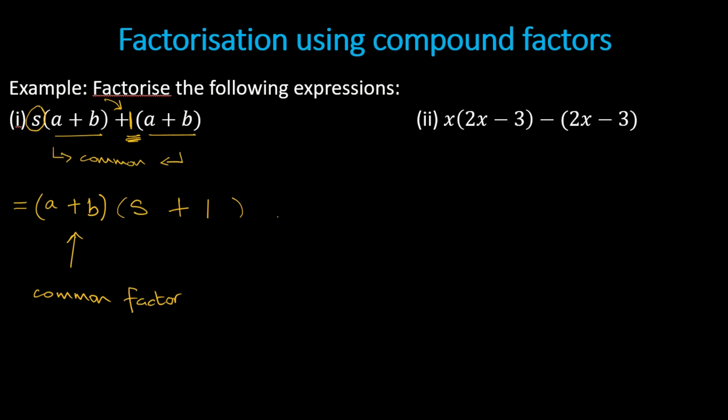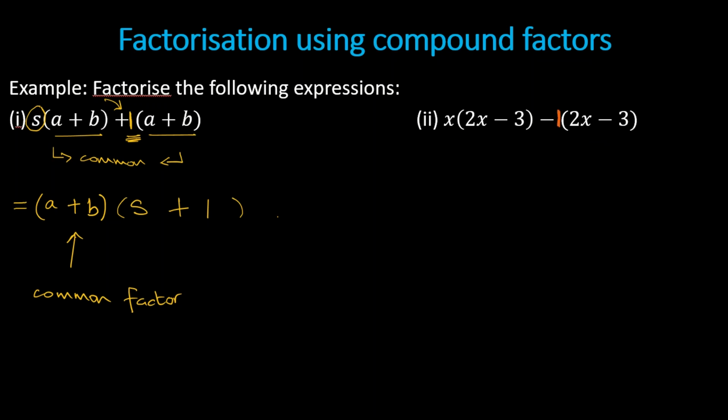Let us see the second part. We have x times 2x minus 3 minus 2x minus 3. Again, we don't have anything before the second bracket here, so we have to write down 1, right?